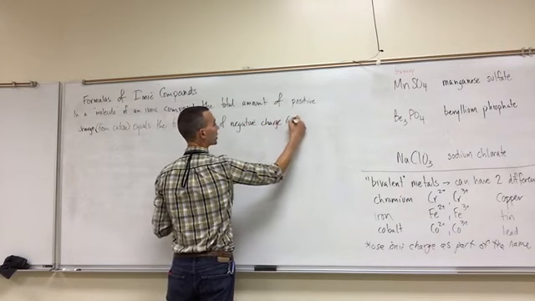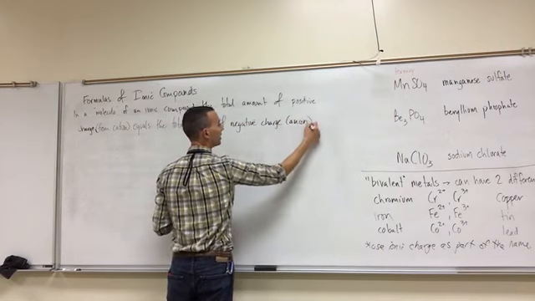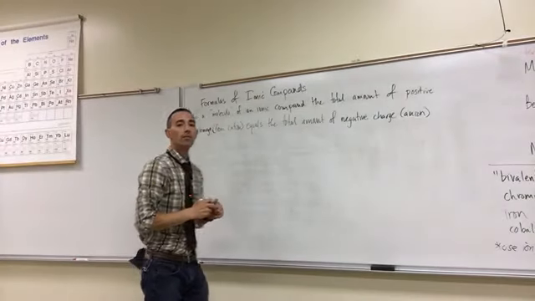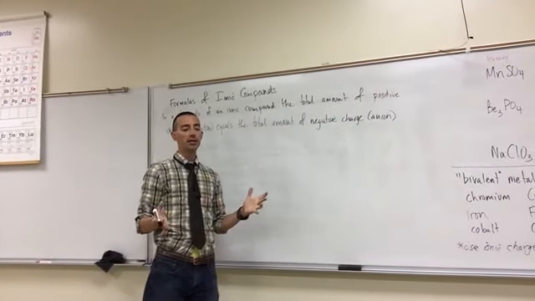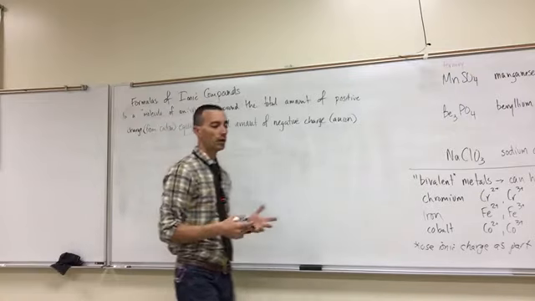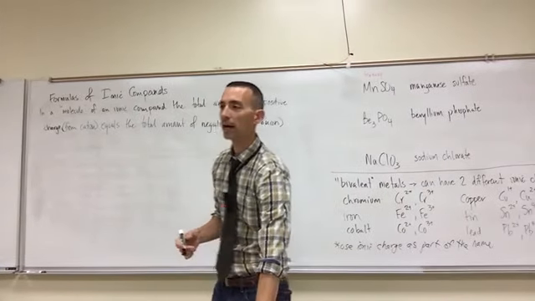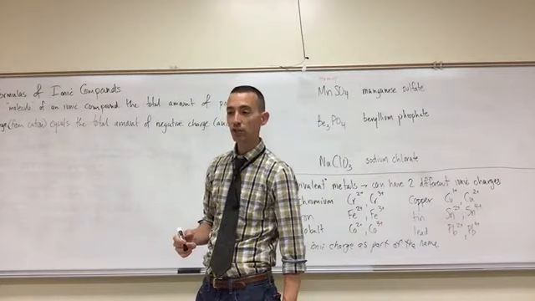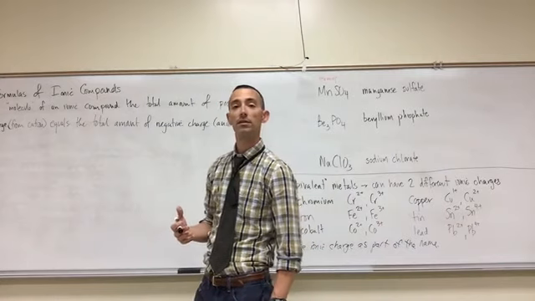And that negative charge comes from the anion, right? So when we consider putting together two elements to form an ionic compound, we need to know what their potential charges are. All right?